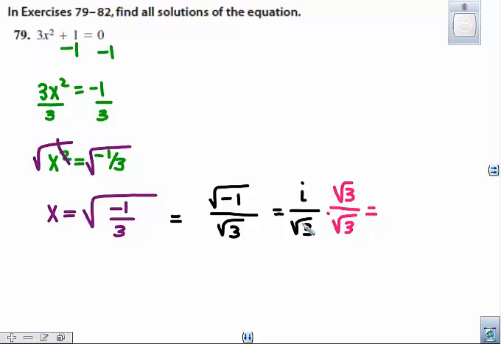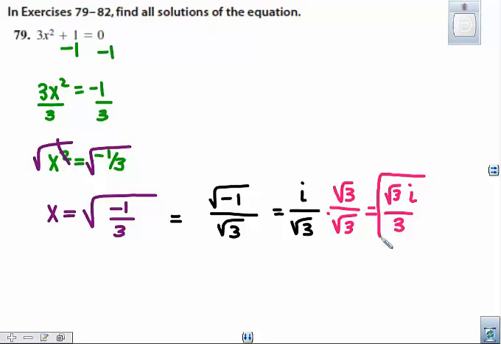So square root of 3 times square root of 3 is square root of 9, which is just 3. So when you're rationalizing, the reason you're multiplying by what's down here, it cancels out that square root. So you're left with just what was underneath it. And on top, I have square root of 3i. Notice I didn't write the i in front because we write bi.